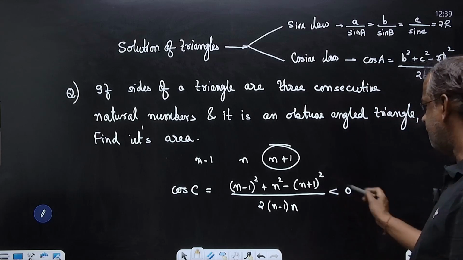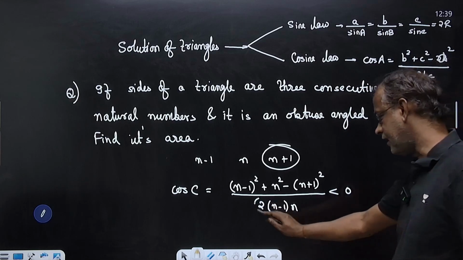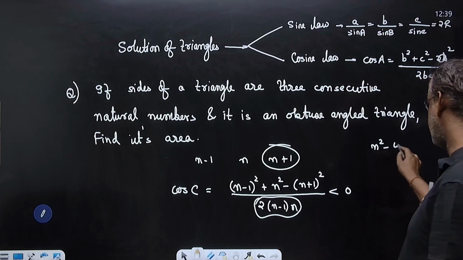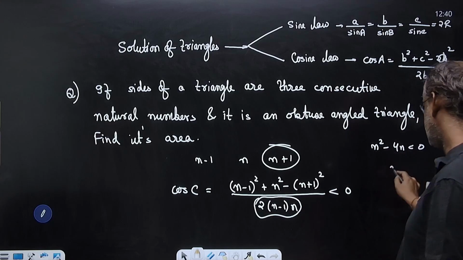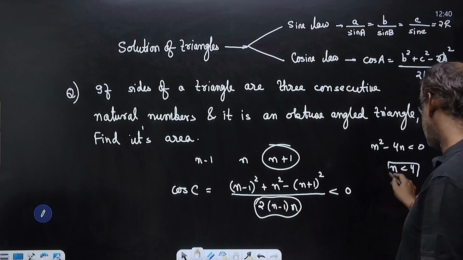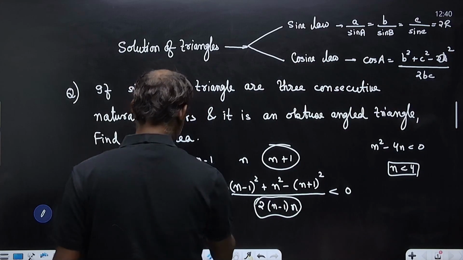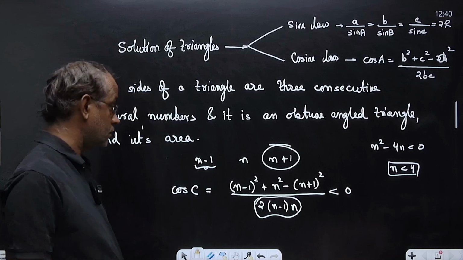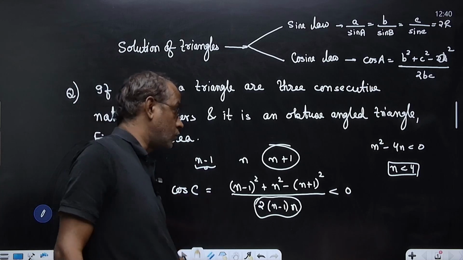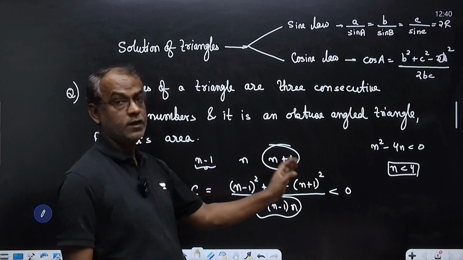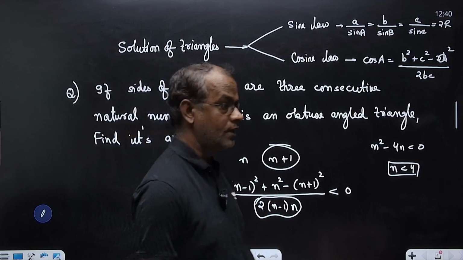You can see this is definitely positive. So it is n square minus 4n less than 0, so n is less than 4, and you can see n cannot be 1, and cannot be 2. If n is 2, what do you get? The sides are 1, 2, 3. They will not be able to form a triangle.